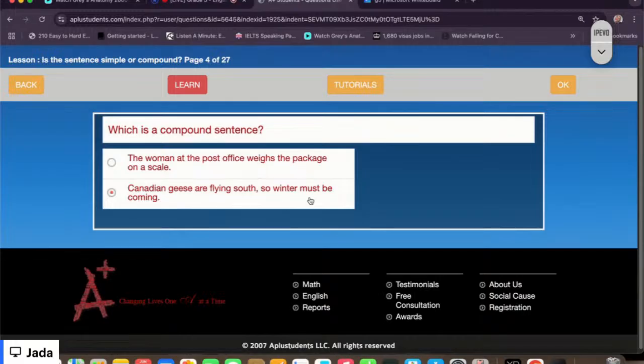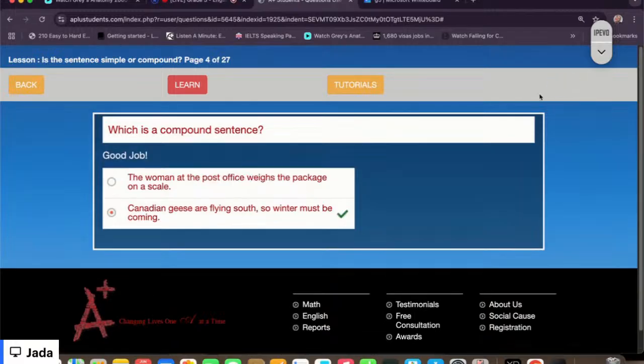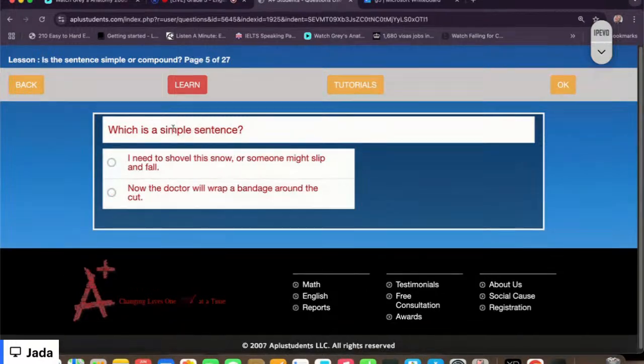Okay, so we have the second, all right, which is a simple sentence. I need to shovel the snow. Someone might slip and fall.